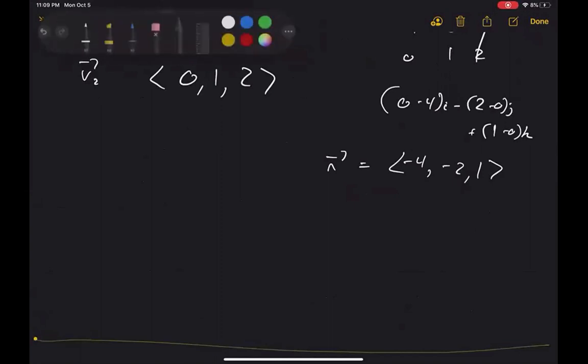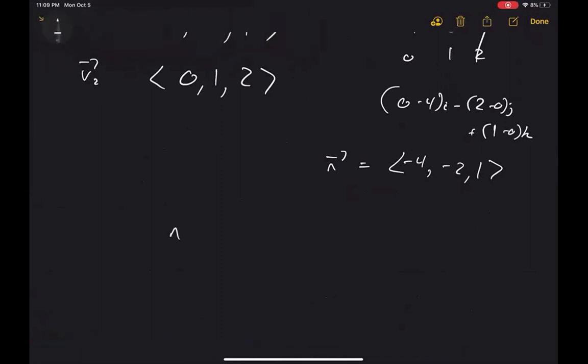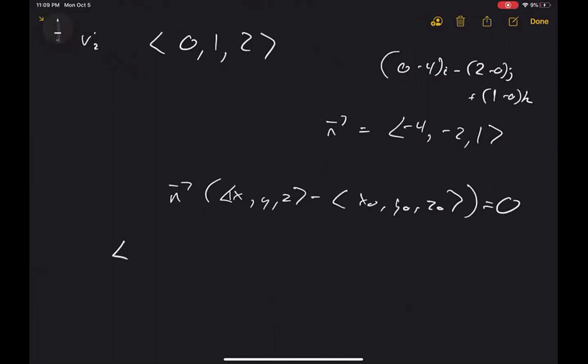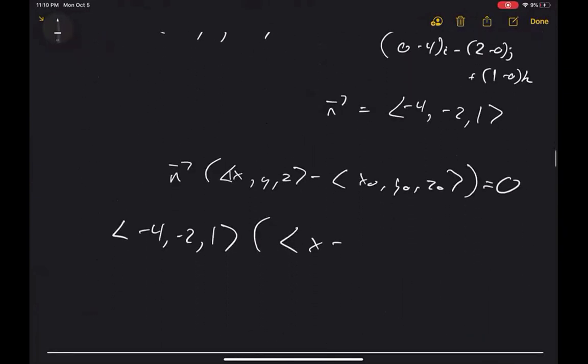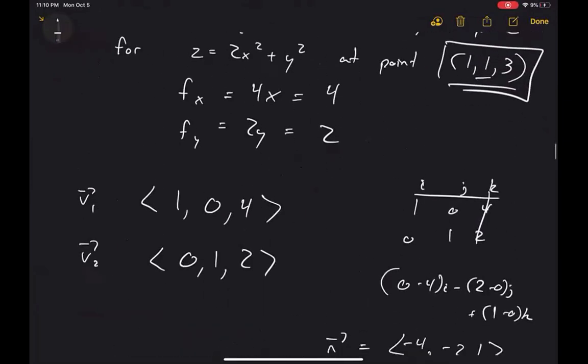So I can use that information to write the equation of my tangent plane. In vector notation, I know it's going to be n dot (x, y, z minus x0, y0, z0) equals 0. So what's my normal vector? -4, -2, 1. And then I do x minus x0, x0 is 1. y minus y0, y0 is 1. z minus z0, z0 is 3.